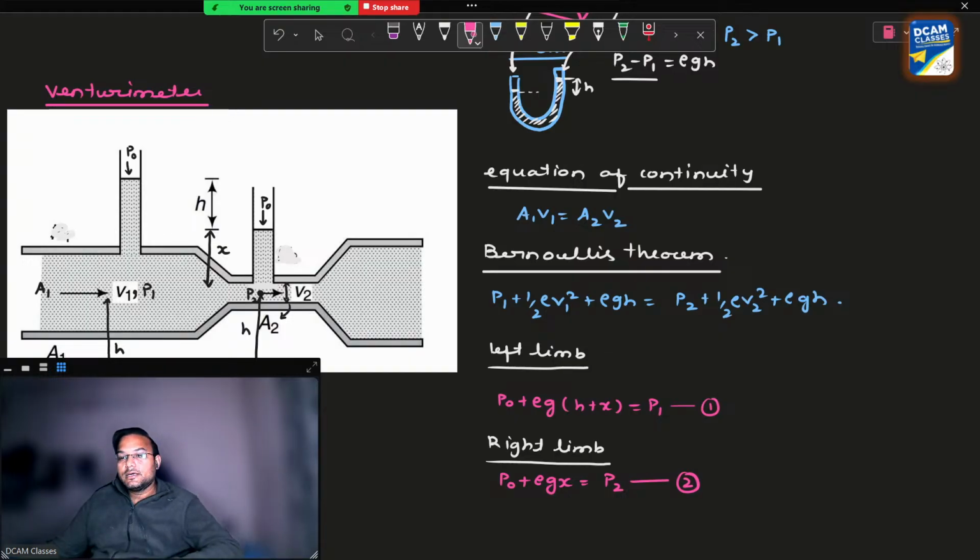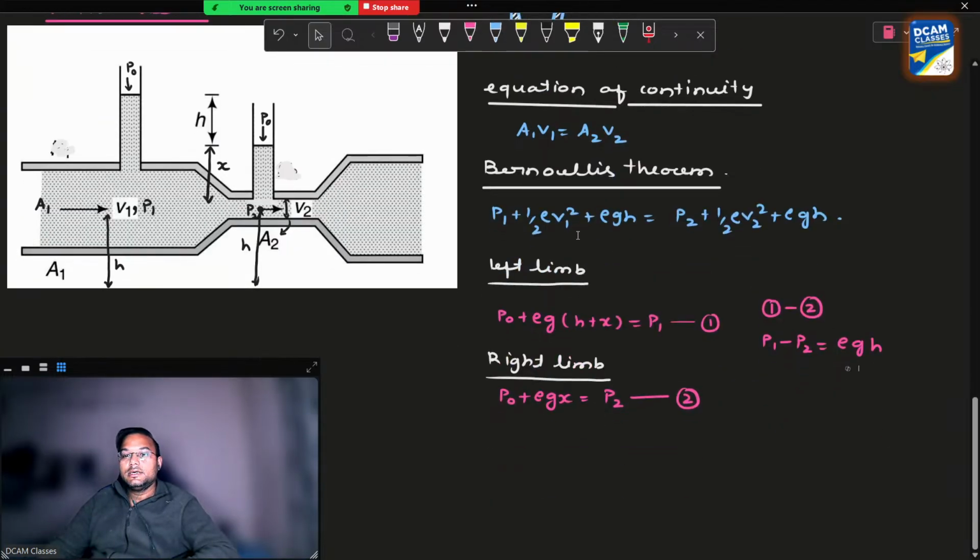If I have to take the pressure difference P2 minus P1, what it will be? Do 2 minus 1. So, no, I will have to take P1 minus P2, which is rho gh. So I'll make use of this, put in the second equation.